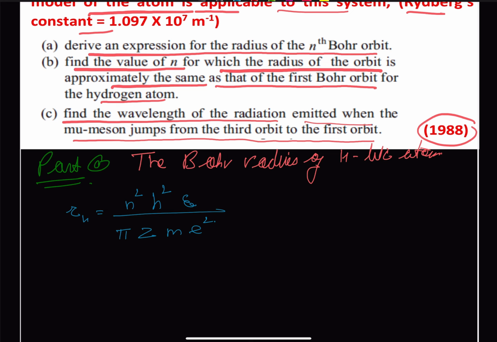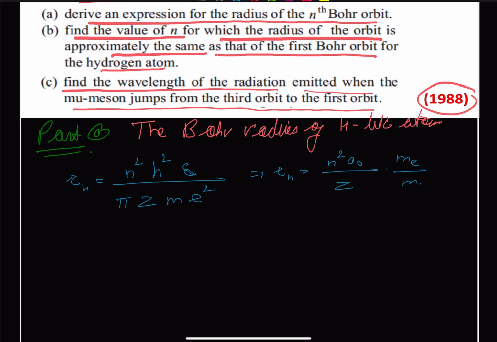We can also formulate this as R of n is equal to n square a naught upon z, multiplied by m e, mass of electron, divided by mass. And a naught, we know the value of a naught.